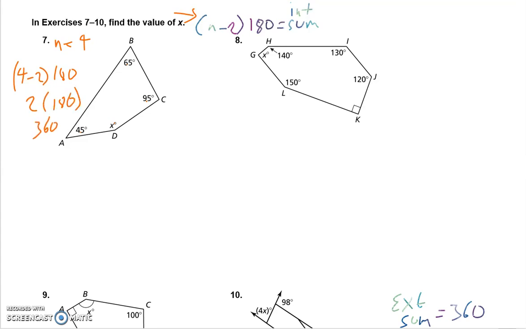These 4 angles add up to 360. What I'll do next is 360 minus 65, minus 95, minus 45, which is 155. And 155 equals x. It is obtuse, so that makes sense.